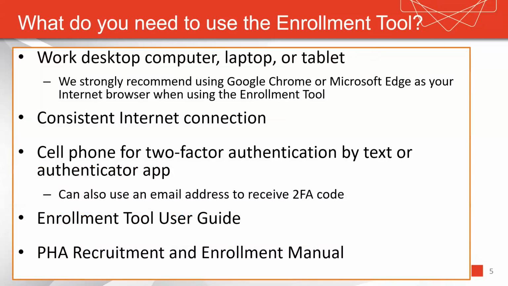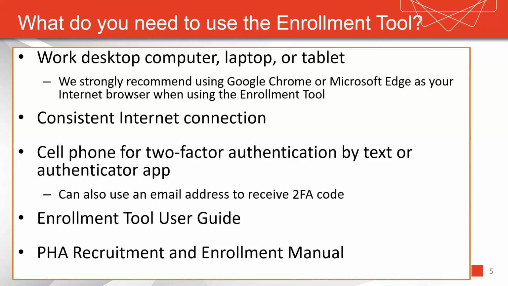We recommend using Google Chrome or Microsoft Edge as your internet browser when using the enrollment tool, because those are the browsers that are most compatible with the programming of the tool. You'll need consistent internet connection. We'll talk about cases where families don't have consistent internet connection, what that means. But to do anything in the tool, you'll need internet connection.